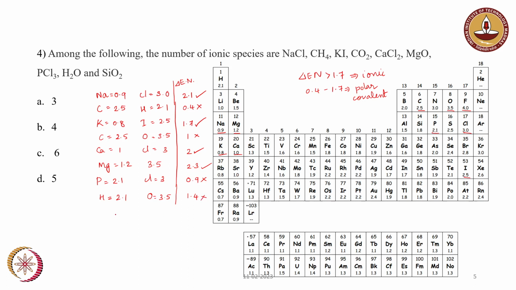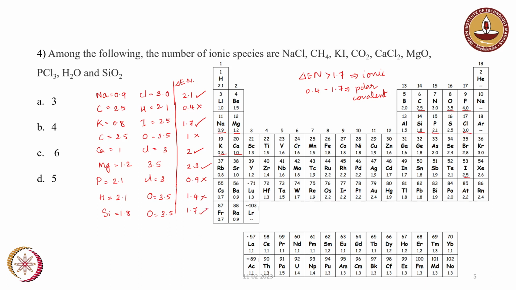It's not ionic. And the last one is silicon oxide. Silicon is 1.8 and oxygen is 3.5. The difference is 1.7. So it will be covalent.